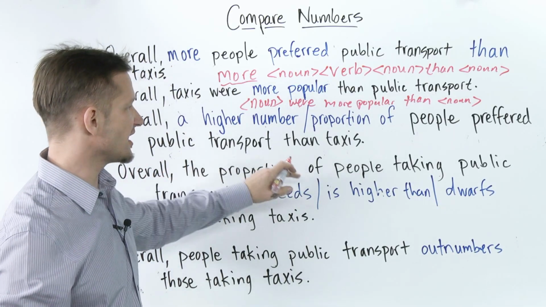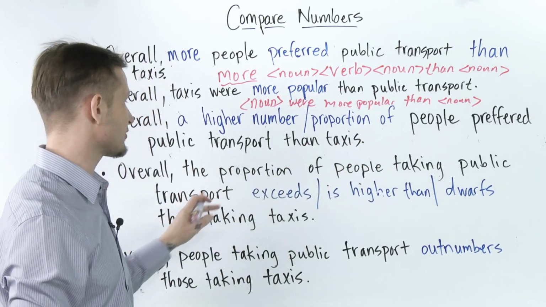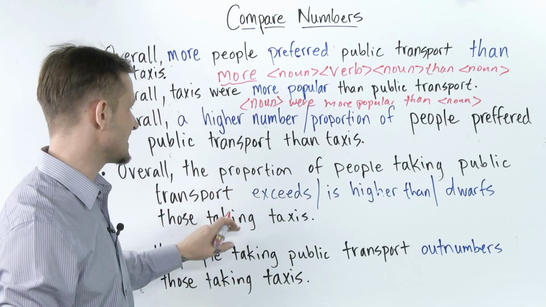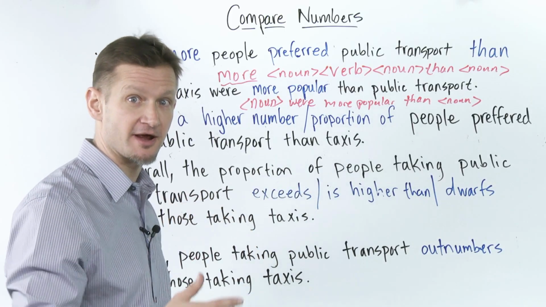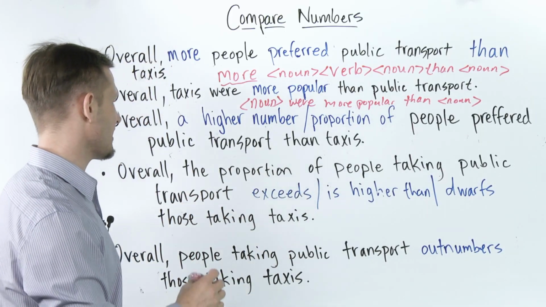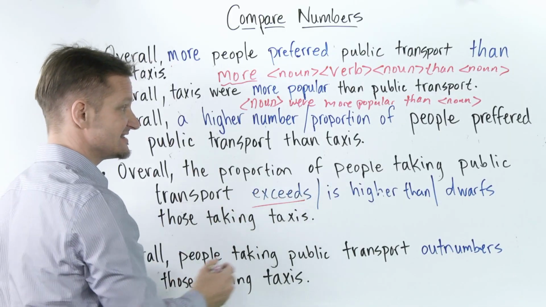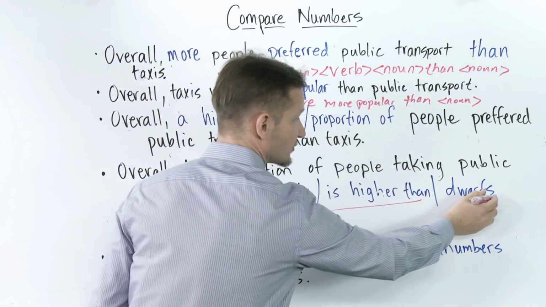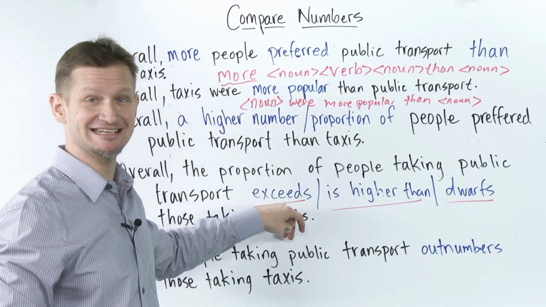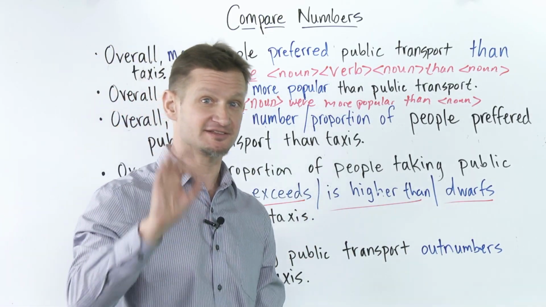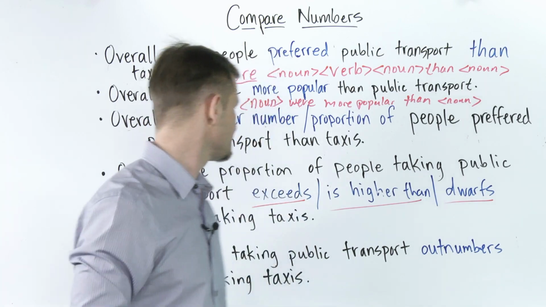Overall, the proportion of people taking public transport exceeds those taking taxis. So now we're moving out of that basic more than comparison, right? Now we're using the words exceeds or is higher than or dwarfs. If you can get this word dwarfs or this word exceeds into your answer, that's a really high level vocabulary.